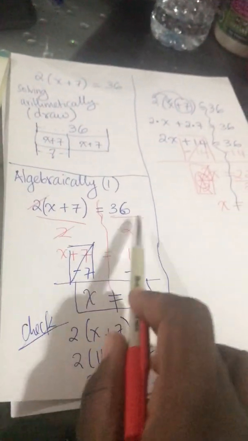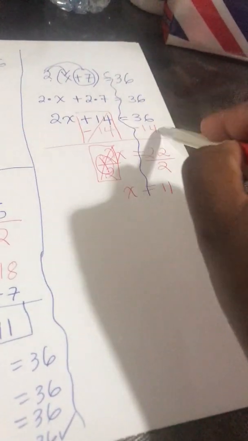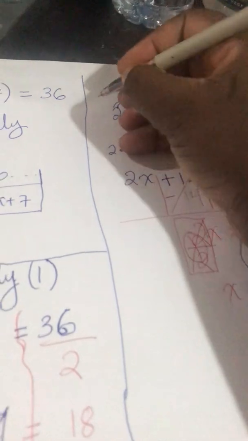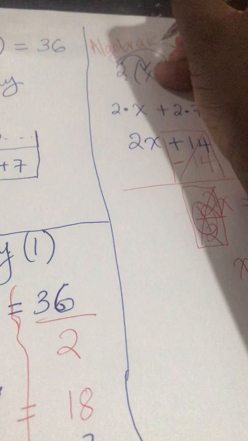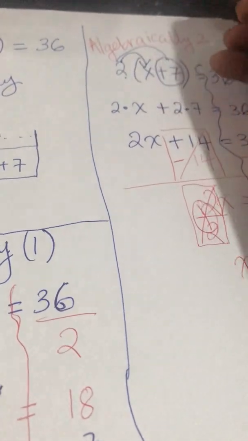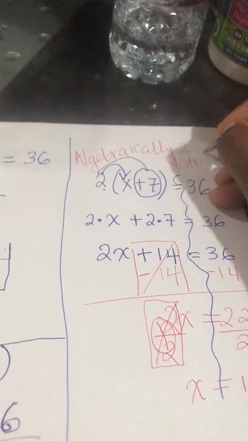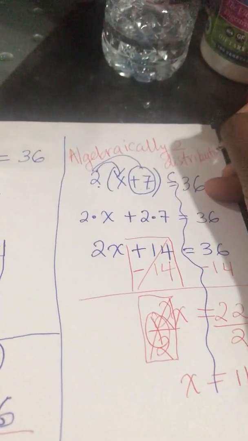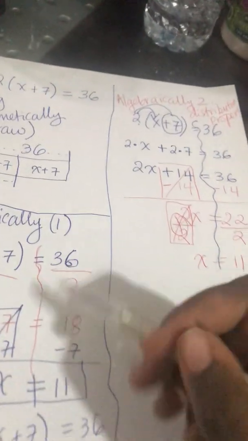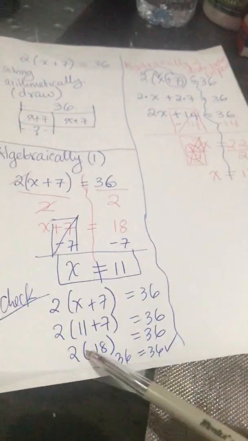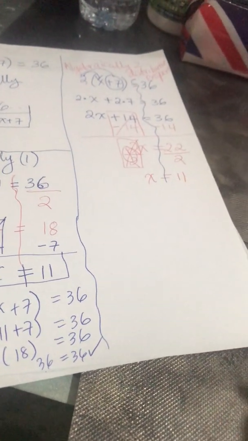So you can divide by the coefficient and then solve, or you can use the distributive property and then solve. So this is algebraically 2, using distributive property. And I don't want to check again because I've done it over here. The check will be the same.